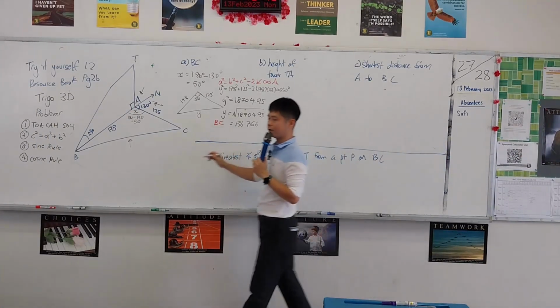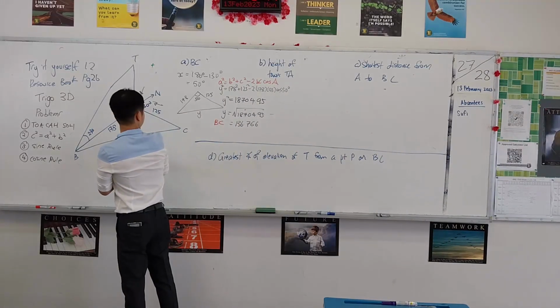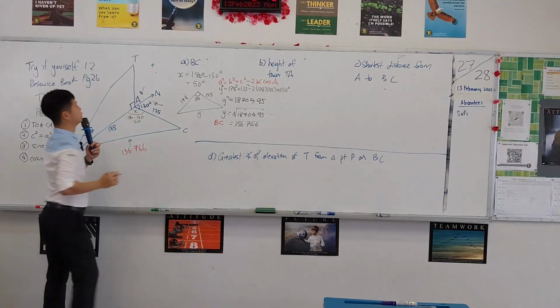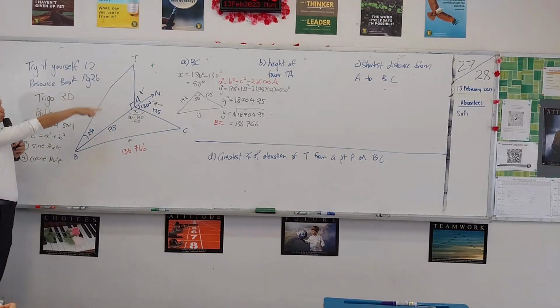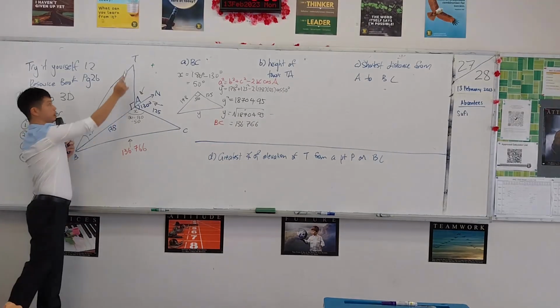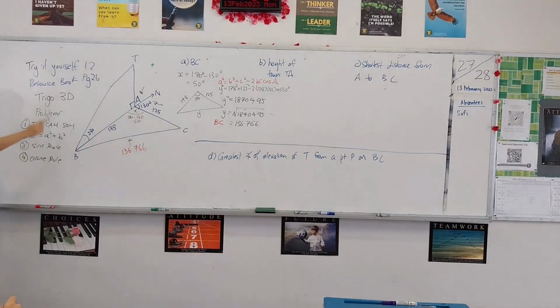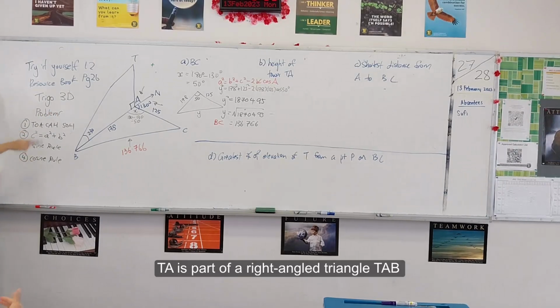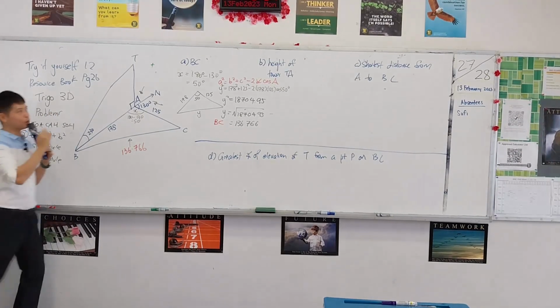Now, part B here, find the height of TA. One important thing to note, every time you found a length, please write down the values. For TA, the question is, which formula am I going to use? Before I draw the diagram to show you, what do you think I'm going to use to find TA? You must say which formula. Very good, SOH CAH TOA.